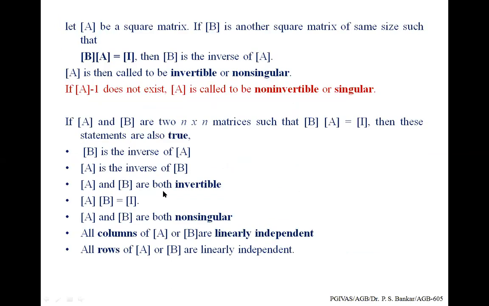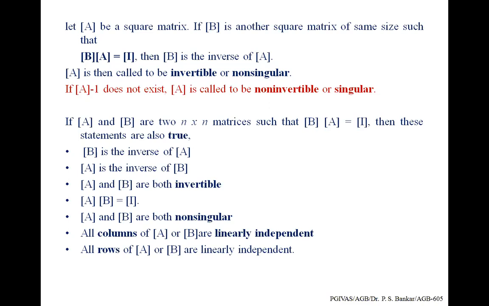Also, we have seen that when any two matrices A and B give the product as an identity matrix, then both A and B are called invertible or non-singular, isn't it?